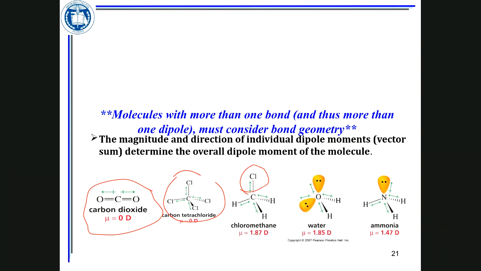Why? Which area of the molecule is going to be partially negative? The side of the molecule that carries that high electronegativity element. The other side of the molecule is going to be positive. So basically, you are counting as pulling electrons toward the chlorine for chloromethane.